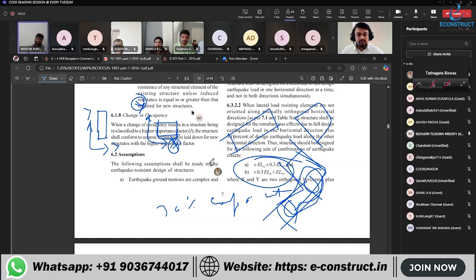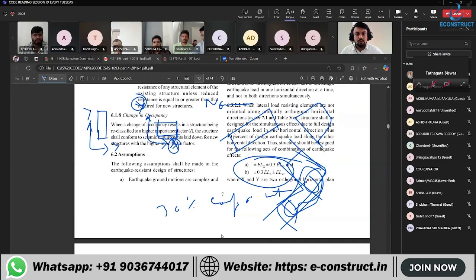In those scenarios, we call these non-orthogonal columns, which are not mutually perpendicular or parallel to any of the orthogonal axes. The columns or vertical elements which are not parallel or perpendicular to the global axis, the primary orthogonal axis, are called non-orthogonal elements.